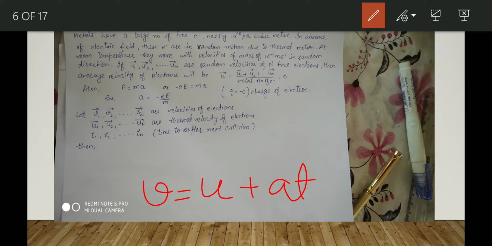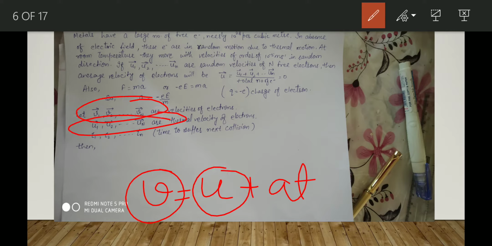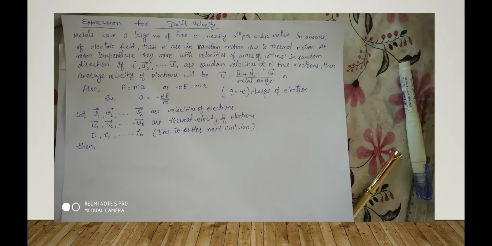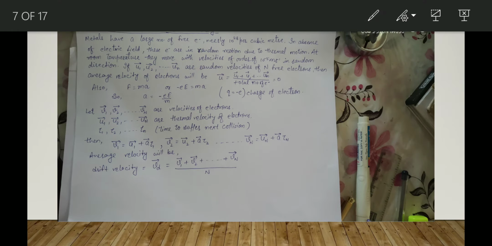We will replace v by V1, V2 and so on, u by U1, U2 and so on, and t by τ1, τ2 up to τn. So we will find these equations: V1 is equal to U1 plus aτ1, V2 is equal to U2 plus aτ2, and like that up to Vn.